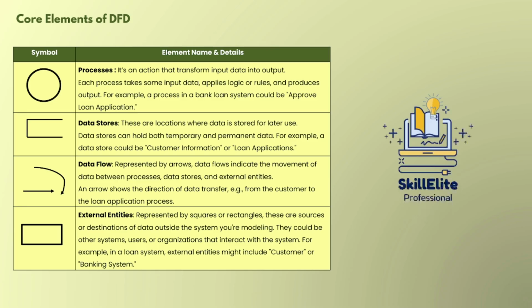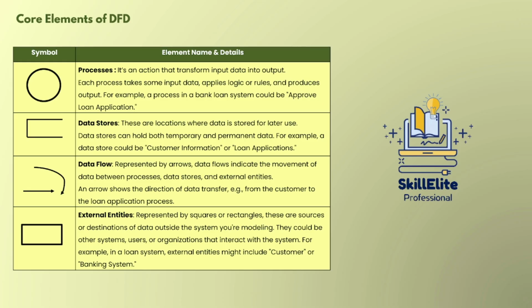And finally, external entities. These are shown as squares or rectangles. These are sources or destinations of data outside the system you are modeling. They could be other systems, users, or organizations that interact with the system.